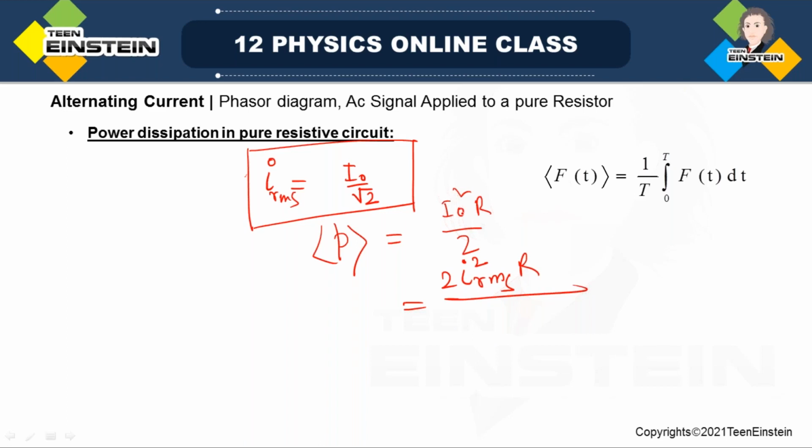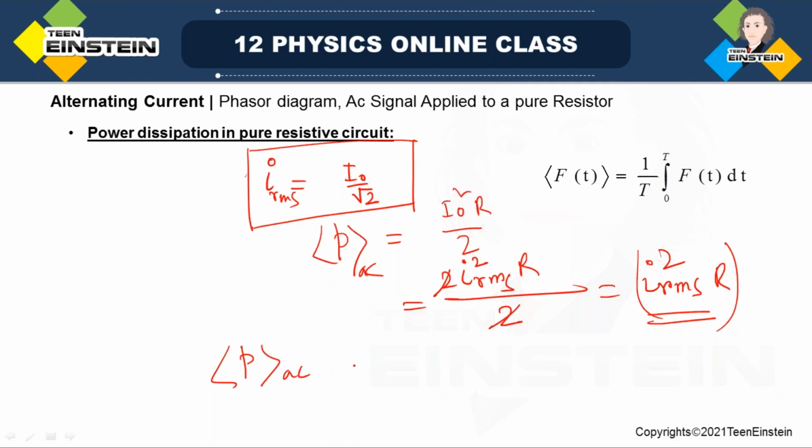So if I replace this amplitude I0 with the RMS value of the current, we get I RMS squared into R. So this is an equivalent expression to the DC. So now AC has an equivalent expression for the average power as DC.